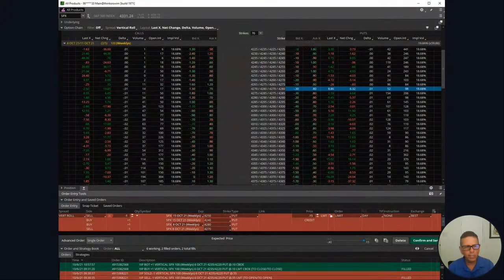Do I do any ICs? Yes, at times I do ICs. However, keep in mind that there's two things that go against you for ICs. Number one is that the market is generally going up most of the time.